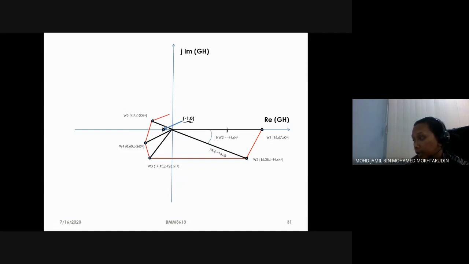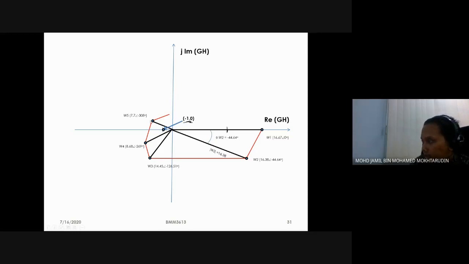So to avoid a wrong conclusion, you must make sure the magnitude is scaled accordingly, but the angle you can simply estimate, okay. You don't need to use a protractor for the angle, but for the magnitude, try to use a ruler as much as possible, so that the Nyquist plot intersects the real axis at the right point, so that you can determine whether the system is stable or not stable.